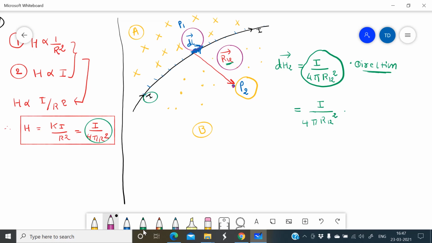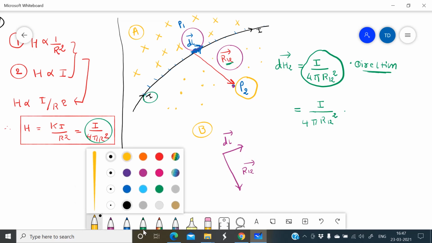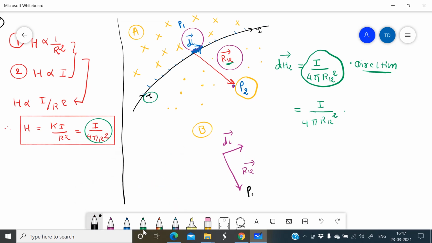I have to just draw here again. This vector is the dl vector. This one is the r12 vector. Where is my point? This is my point P2. And where is this resultant vector dH2? The resultant vector dH2 is inside this point.